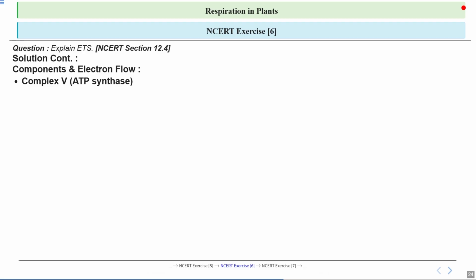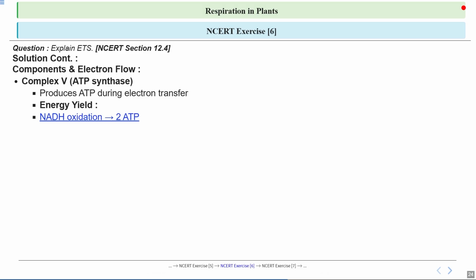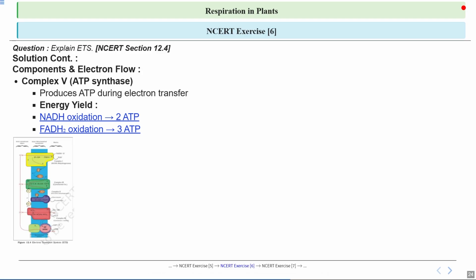The next complex is complex 5, which is ATP synthase. This complex is where there is ATP production during electron transfer. If we look at the energy yield, from NADH oxidation we get 2 ATP, from FADH2 oxidation we get 3 ATP.